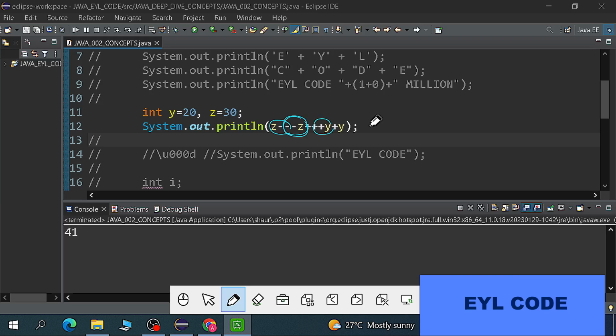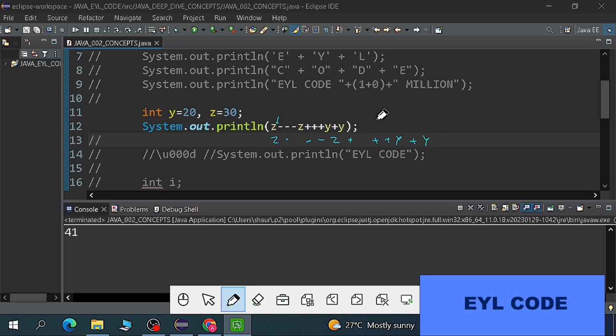In case we are going to make a group of the next one, let me undo these changes. So now what we are thinking is that this is the first one, right? This is going to be something like z minus minus minus z and plus plus plus y plus y. This is the condition number 1.